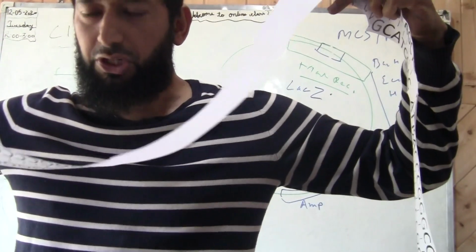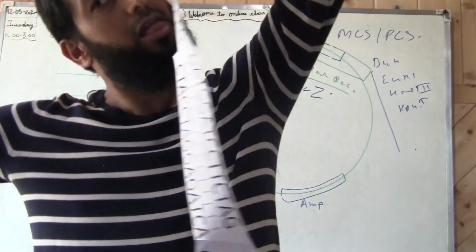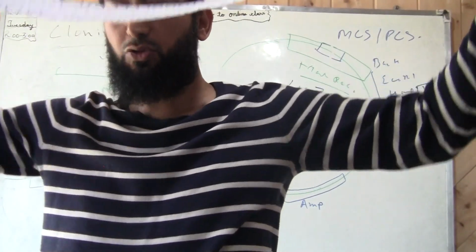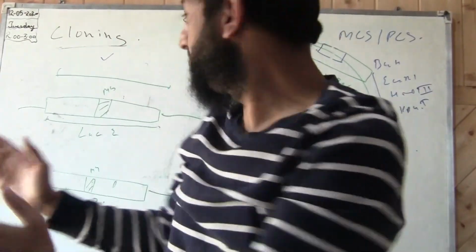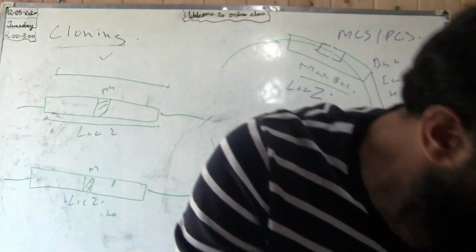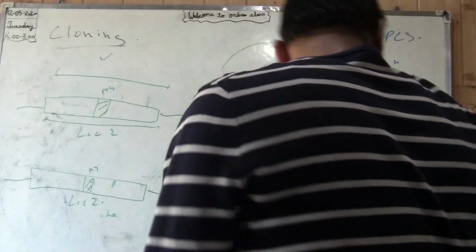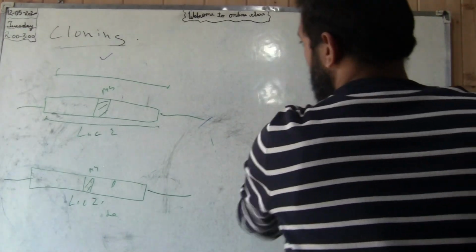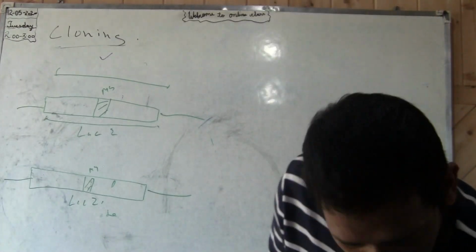between your gene. So now your LacZ is from here to here and from here to here, right? We broke it, and in between we put the gene of interest. So now we have two scenarios.